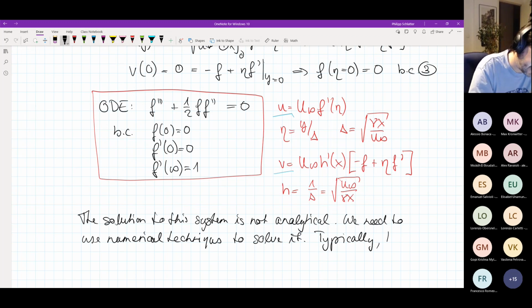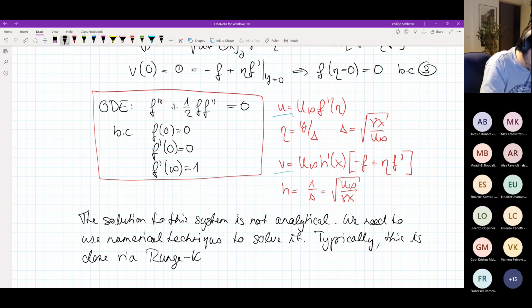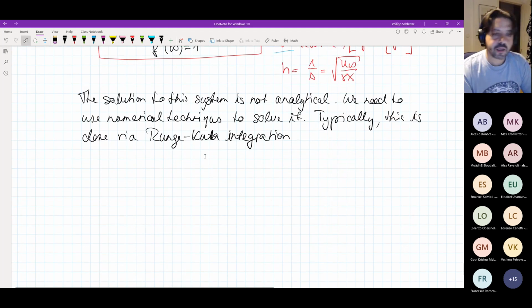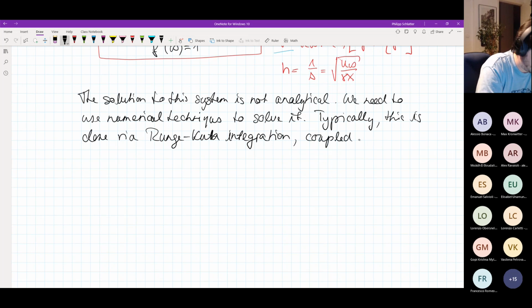So typically, this is done via an integration using Runge-Kutta, a Runge-Kutta integration. Coupled, and now comes of course yet another difficulty in this, coupled to a so-called shooting method.